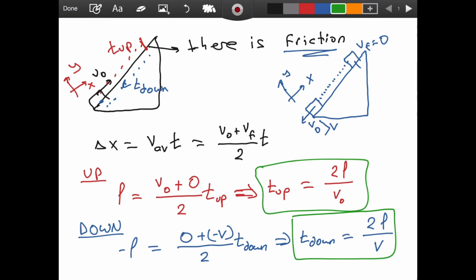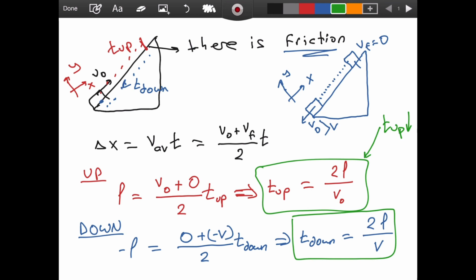So we said that v naught is greater than v, which means that for the t up formula, we are dividing by a greater number, right? So a greater number is in the denominator, which means that t up is going to be less. T up decreases, right? Due to a greater velocity, you have less time.